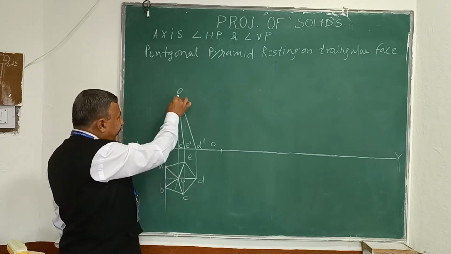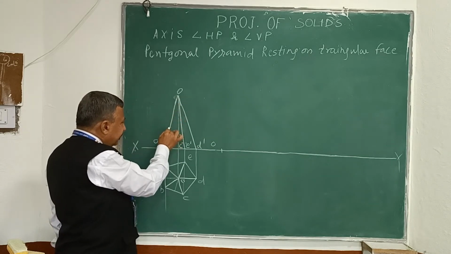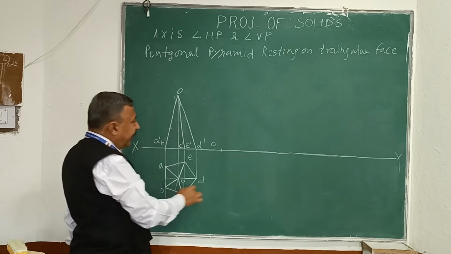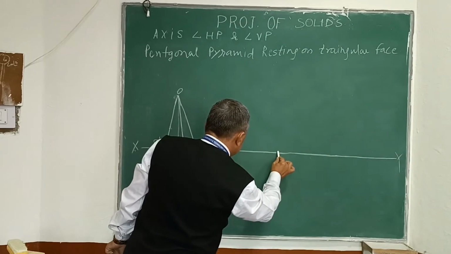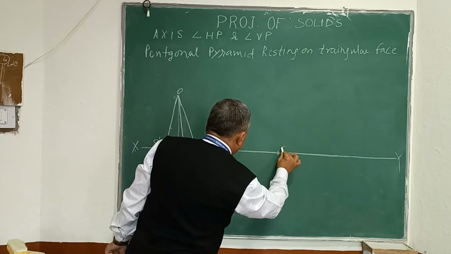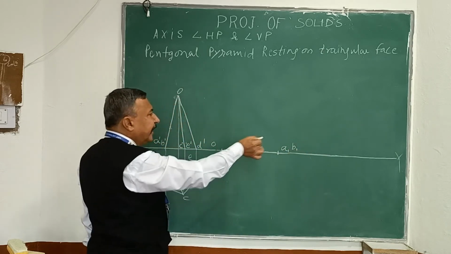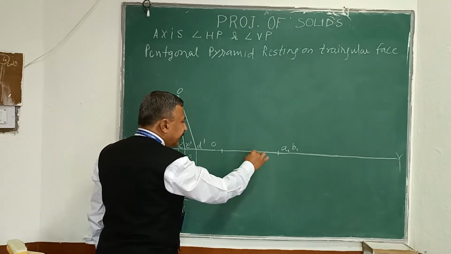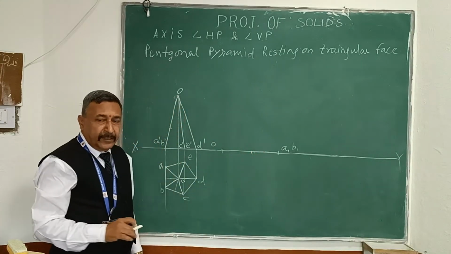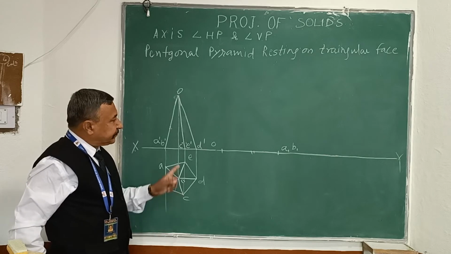Now take this same length and mark here. This gives you A1 and B1, and this is O A B, the same length, dimensionally not changed.